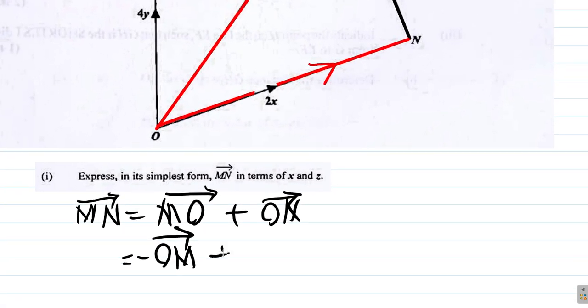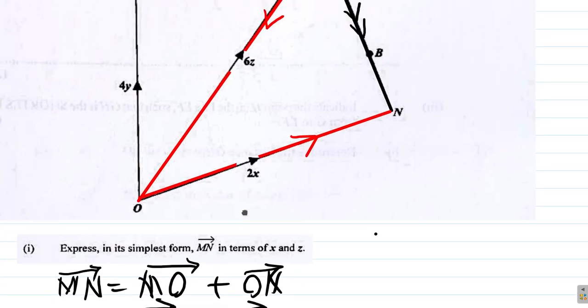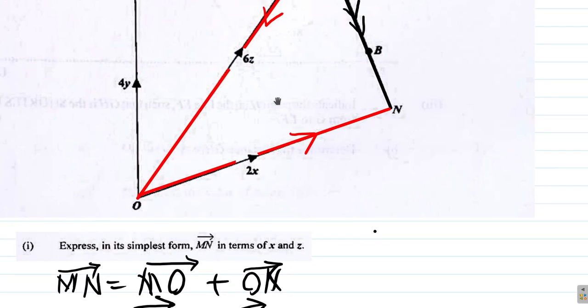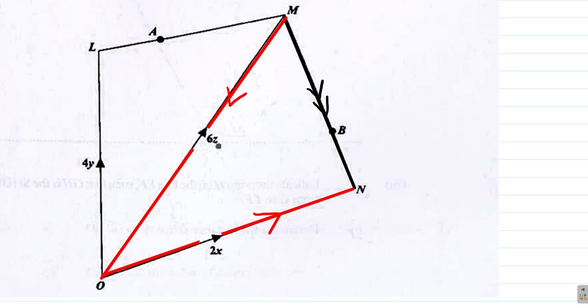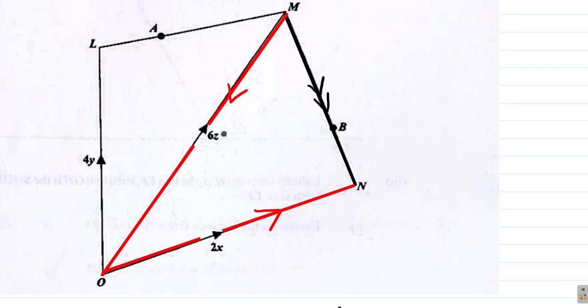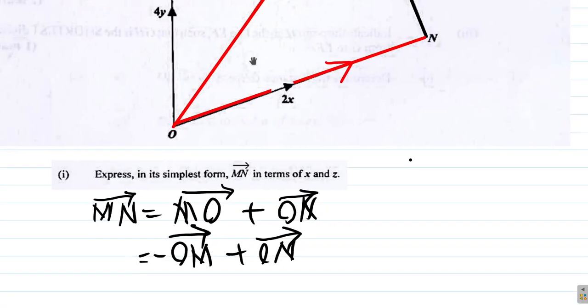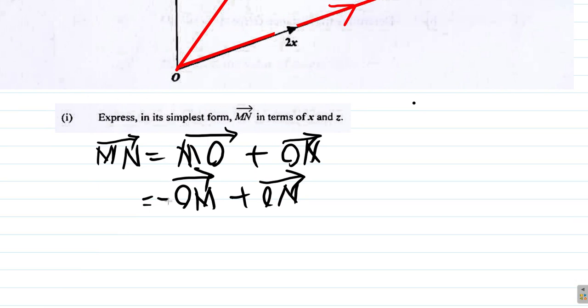So it's plus ON. Now let's see what you're going to have. OM is 6z. So MO is what? Negative 6z. OM is 6z, so negative OM is negative 6z.